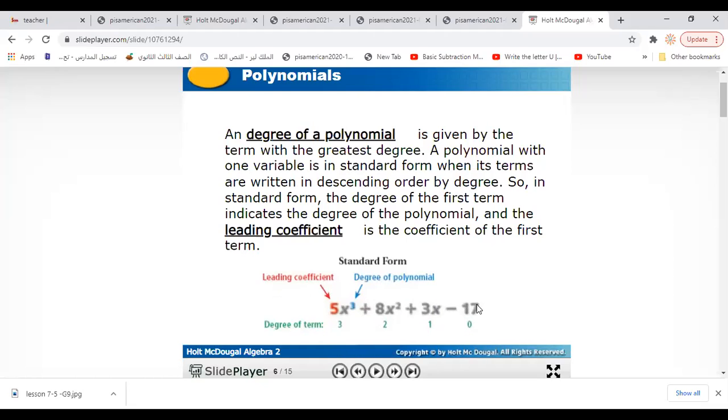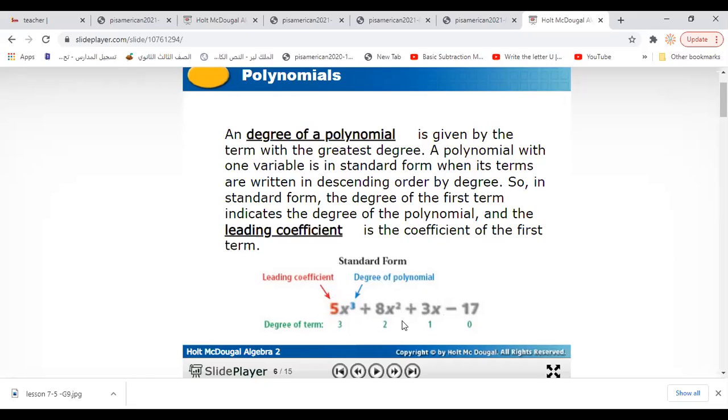If you have an expression like this, then we already rearranged it from greatest degree to smallest degree. So the standard form means that you rearrange according to the degree, not the numbers. Then it's 5x to the power of 3 plus 8x to the power of 2 plus 3x minus 17.